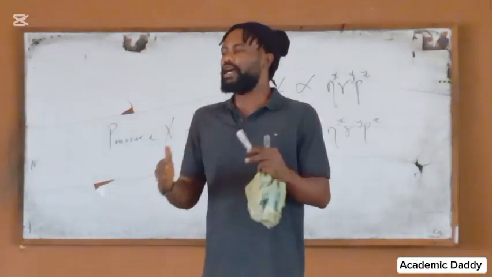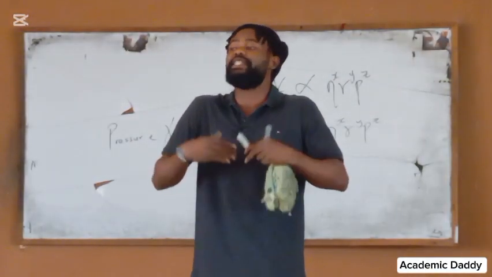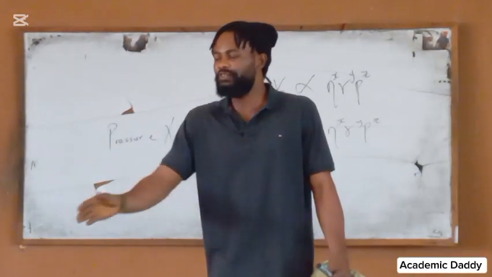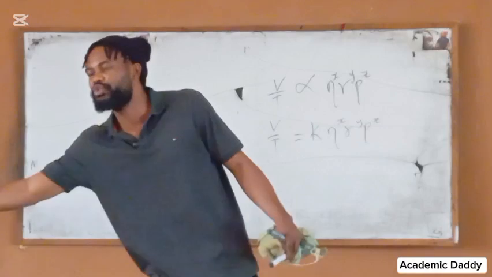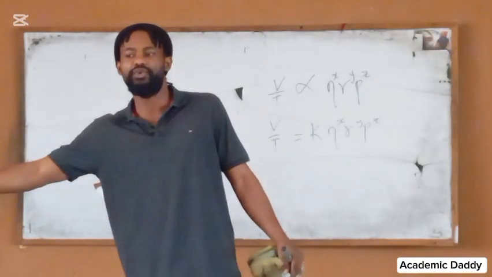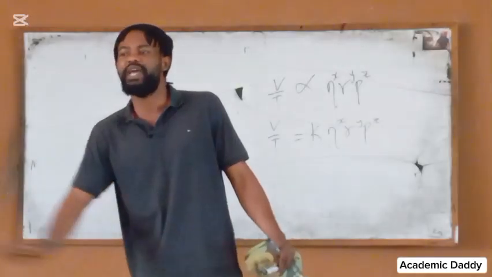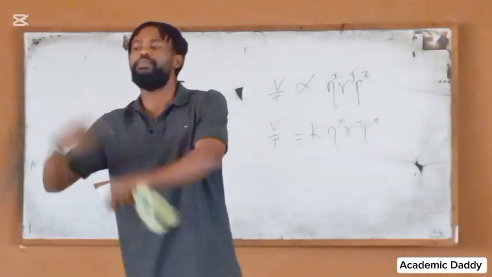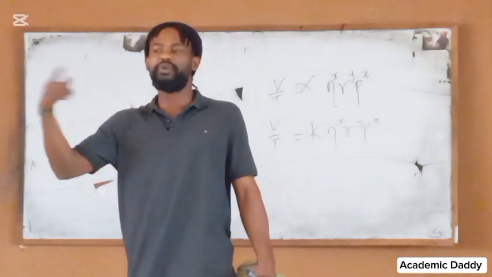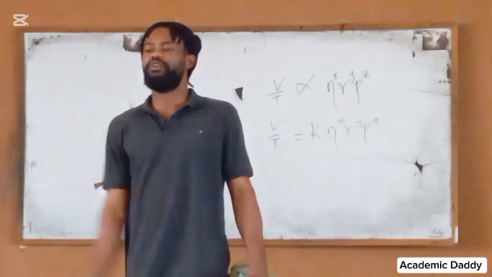But in the calculation aspect, I need you to know that it is simply pressure and inverse of velocity gradient. Why? If something is resistance to the flow of something, it simply means movement in physics is velocity. Is it not true? And for you to move, pressure must be applied. Now, if you are resisting motion, it simply means you are going contrary to the velocity. So it's simply the product of pressure and inverse of velocity gradient.